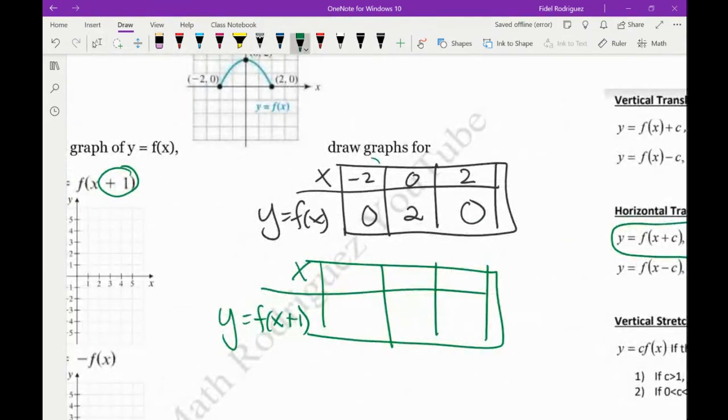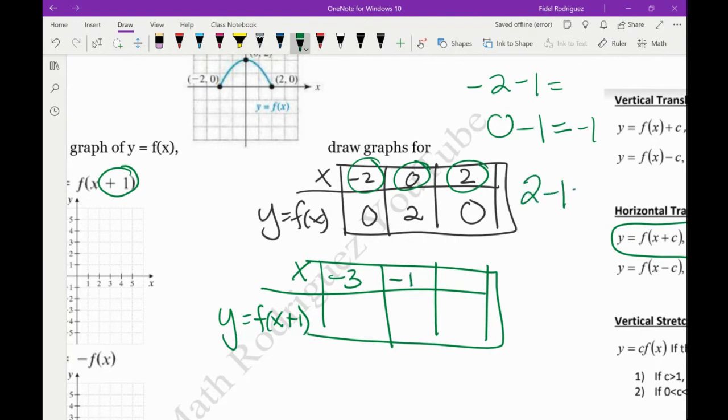I'm going to come back over here and subtract from each of those numbers. So -2 minus 1, -3. 0 minus 1, -1. 2 minus 1, 1. What changed? Hey, our x values changed, right? The y values, y'all, stay exactly the same.